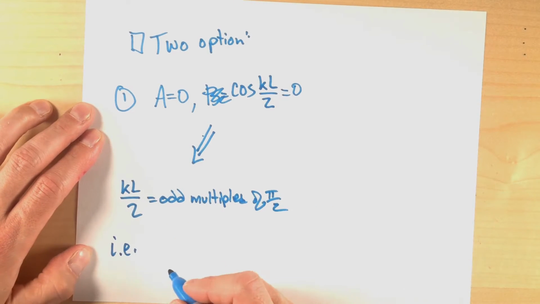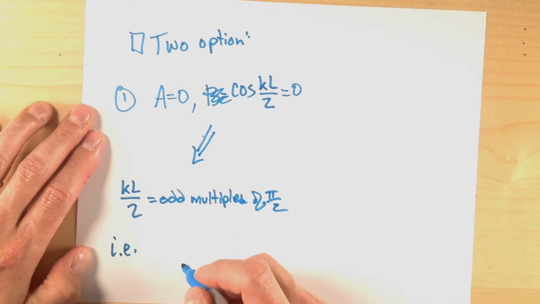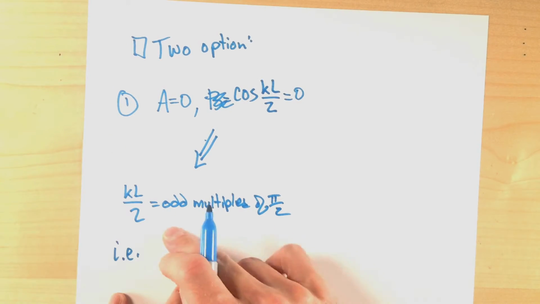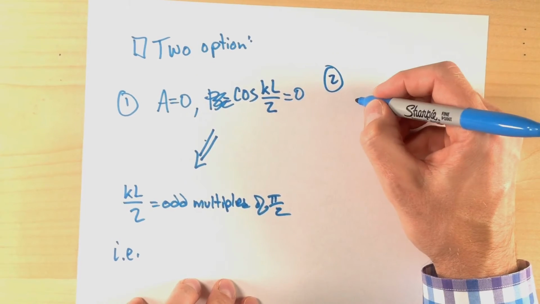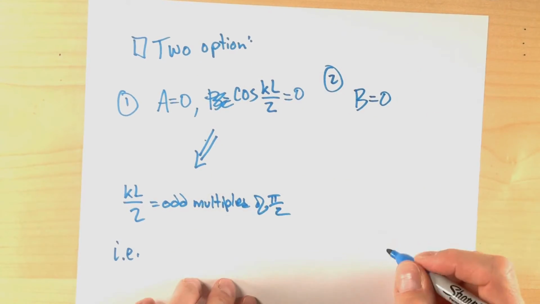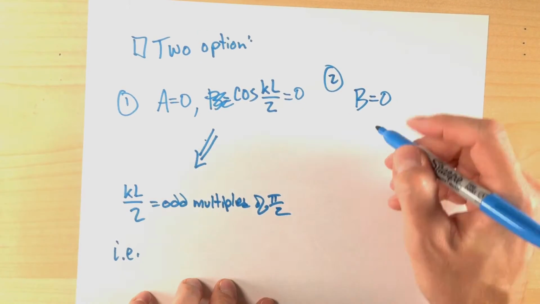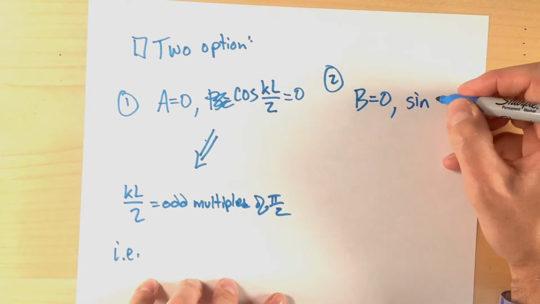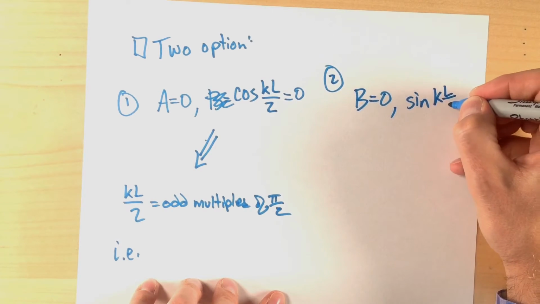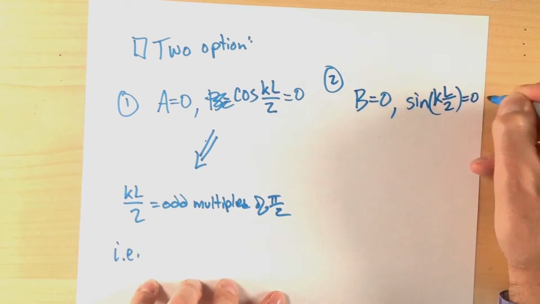And of course that means that's one solution. And then there's a second situation when the amplitude b is equal to 0 and the sine component of the other term is equal to 0.